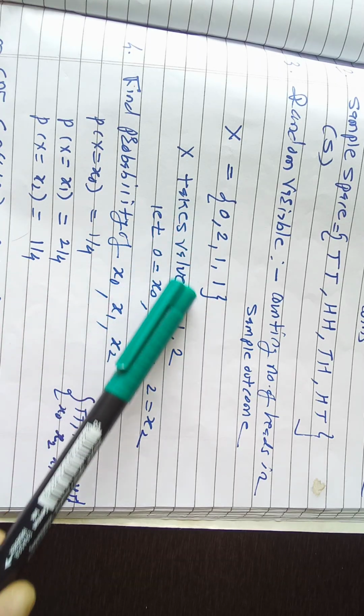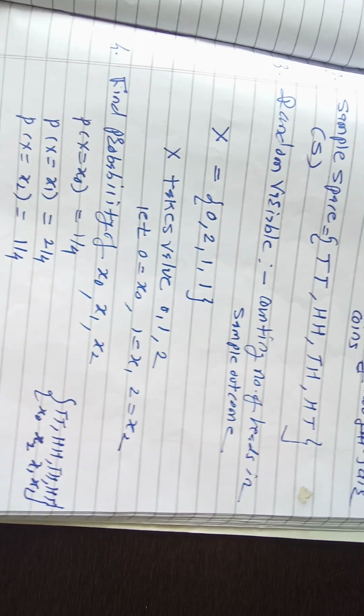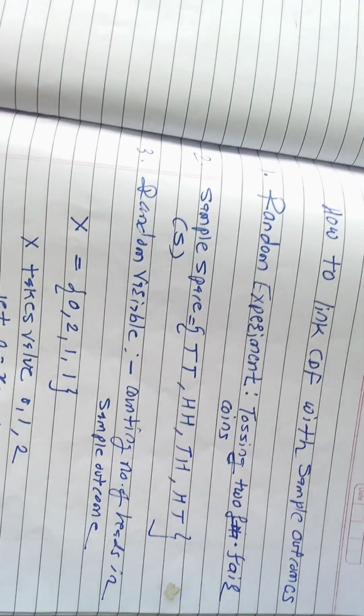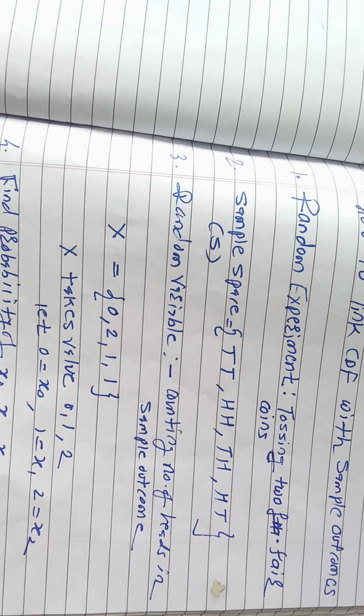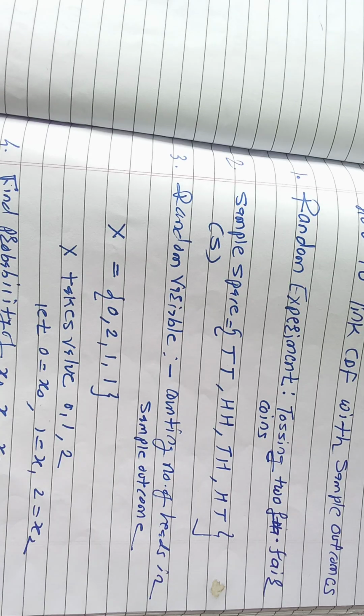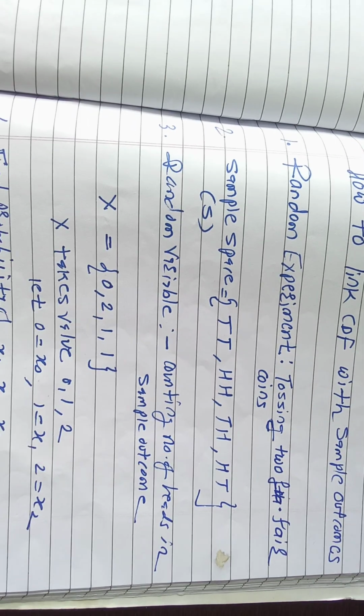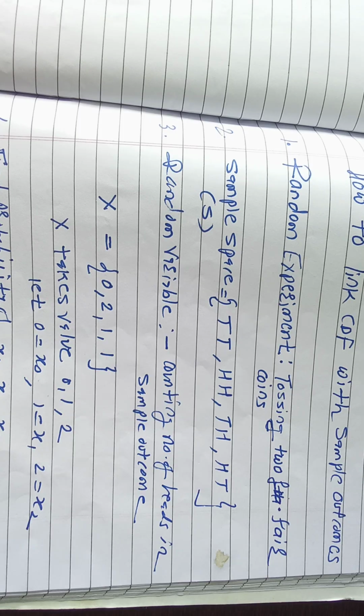Here we may make mistakes. There are very lengthy problems on CDF, but if you understand the sequence with a small problem, you can apply it to the lengthy problems.